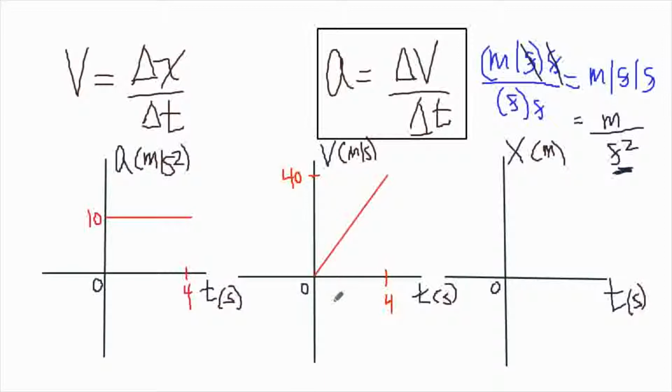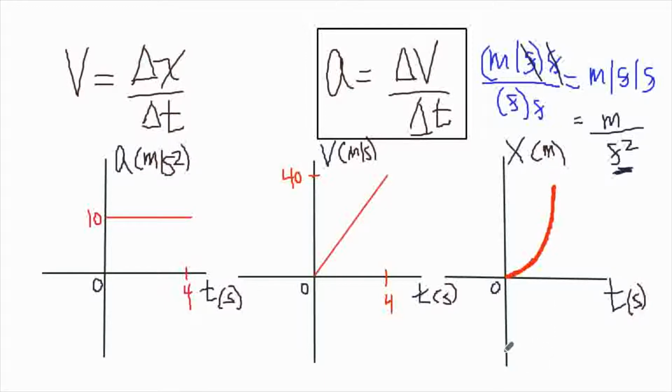What about the position? Well, we know that the velocity is the slope of the position graph. So if the velocity is increasing, that means the slope is increasing. So we start out with some slope, and then the slope gets bigger and bigger and bigger. So what is something that has an increasing slope? Well, one example is a parabola.